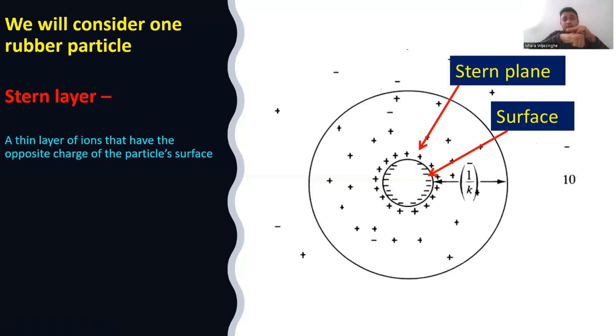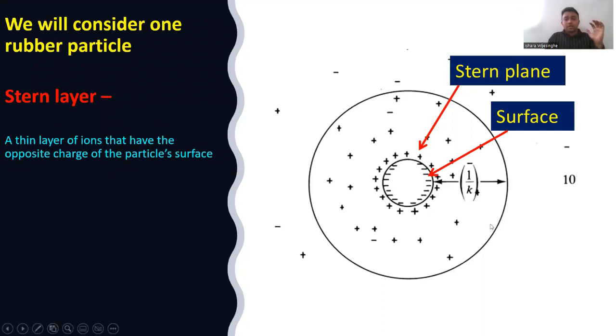Then the adjacent water layer should have positive charges. The next layers contain both positive and negative charges, a combination.